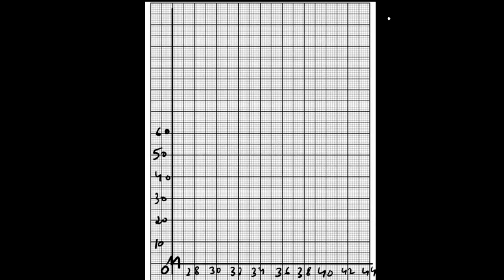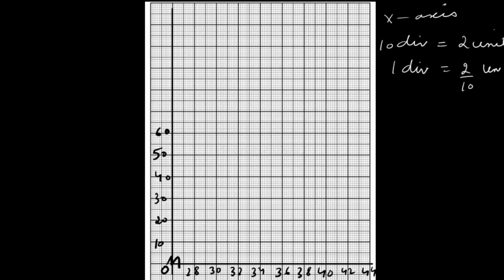Now the graph scale along the x-axis: 10 divisions equal 2 units. So 1 division is equal to 2 by 10, which is 0.2 units.